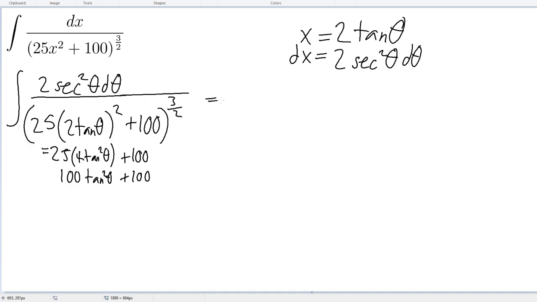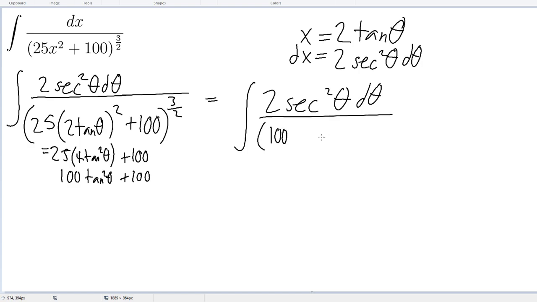So technically we have 2 secant square theta d theta over 100 tangent square plus 100, to the 3 over 2.